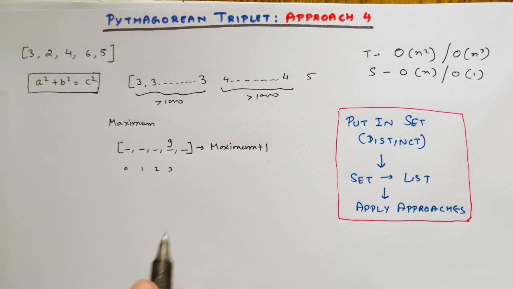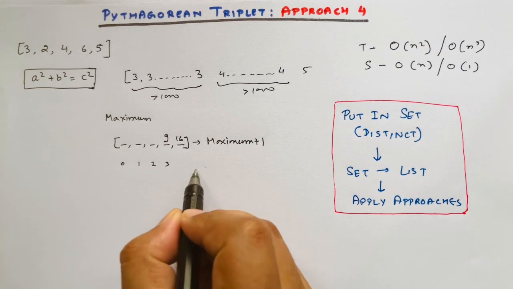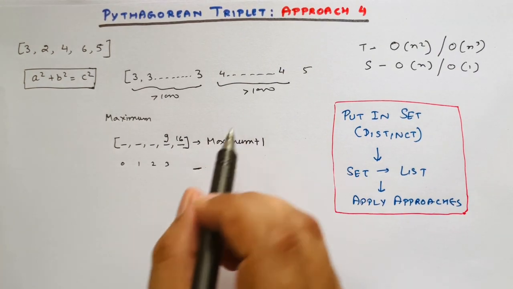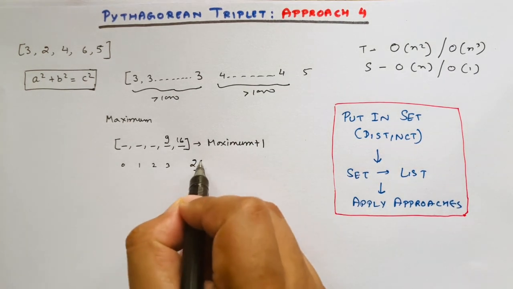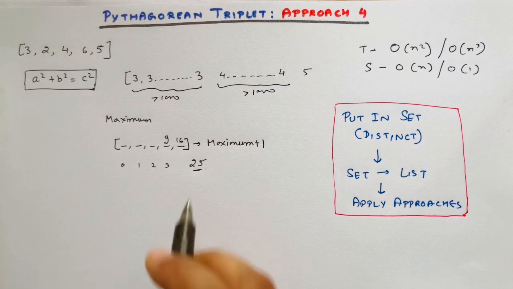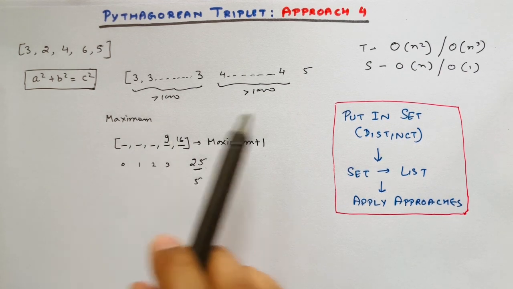Similarly, when we see 4, we can go ahead and mark 4 square, 16. I have drawn a smaller array here. So similarly for 5's presence, we would mark 25 at the index 5. The other remaining indices will have 0. So that is how we have marked the presence of all these elements.